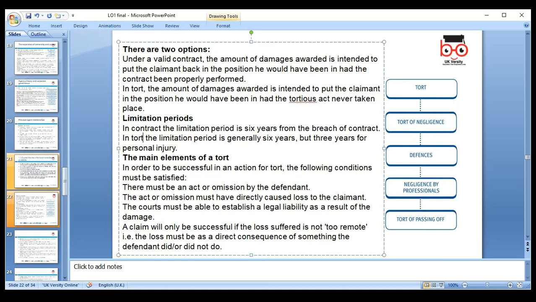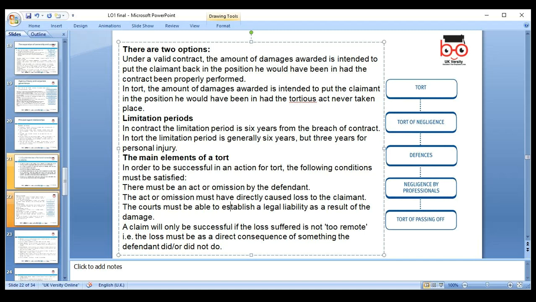Okay, in order to be successful in an action for tort, the following conditions must be satisfied. There must be an act or omission by the defendant. The act or the omission must have directly caused the loss. The court must be able to establish legal liability as a result of the damage.